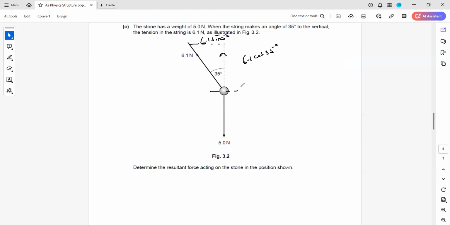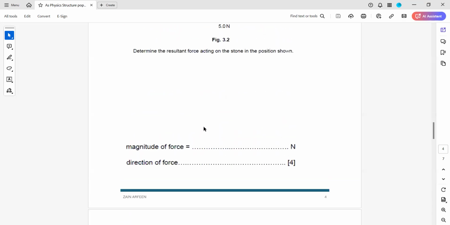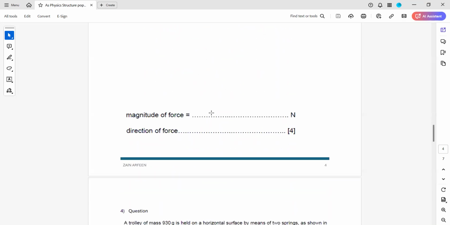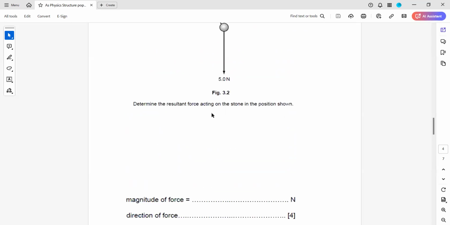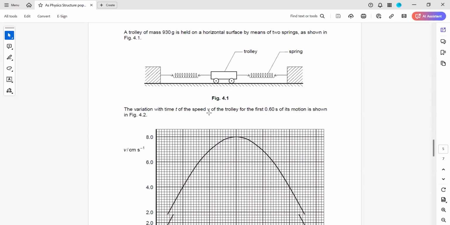So vertically, this will be equal to this, they cancel out. So vertically, there is no component, only the 6.1 sine 35 will be the resultant force. So you can also use the calculation method, all will work. Direction of the resultant force: according to measuring the angle, in this case, it will be towards the left-hand side.